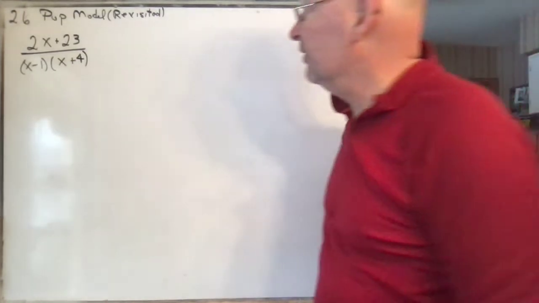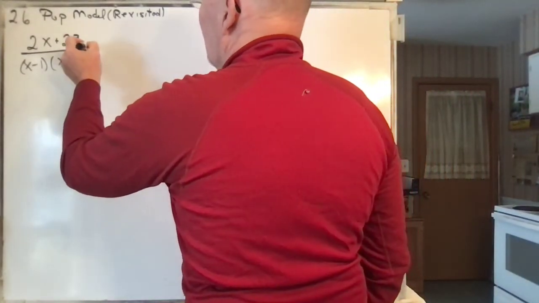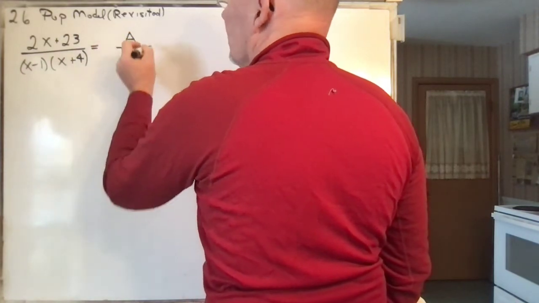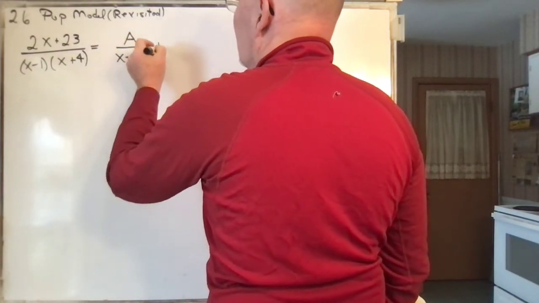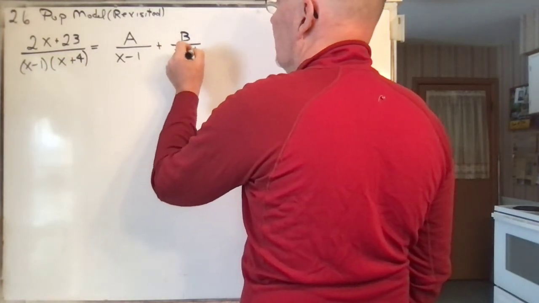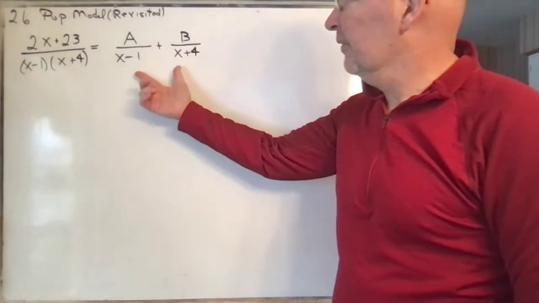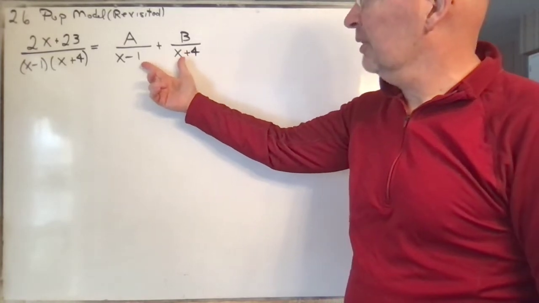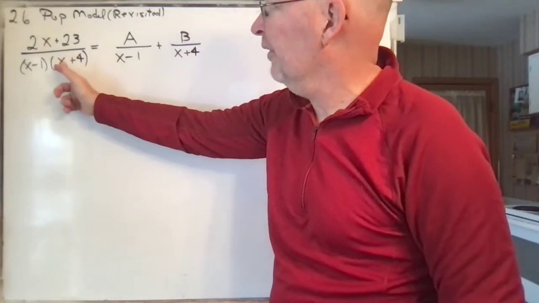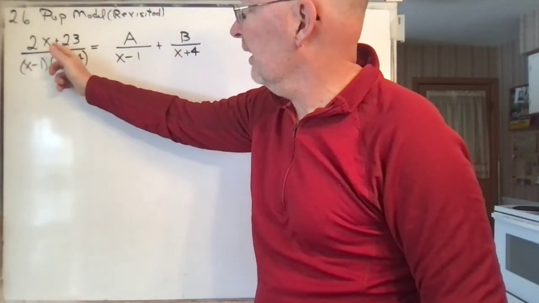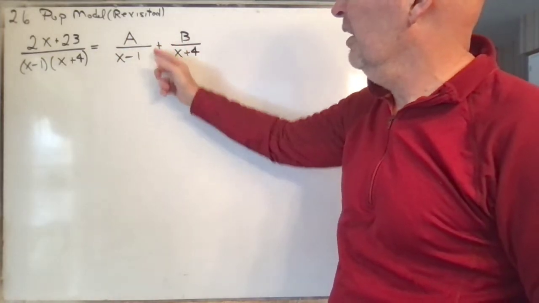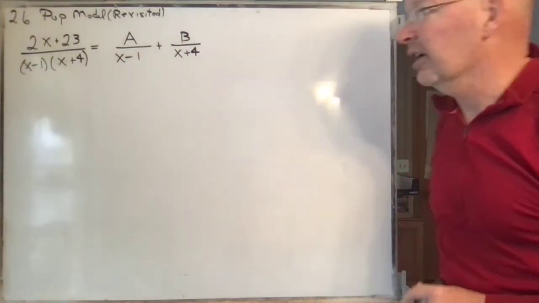The way we do is we say, well, this can be written as something over x minus 1 plus something else all over x plus 4. We know it can, because if you started with this, you'd be able to do exactly what I did just a minute ago and go backwards and put it in this form. So we know that we can take something like this and write it as some constant over this and some constant like this. It's just a matter of finding what those constants are.